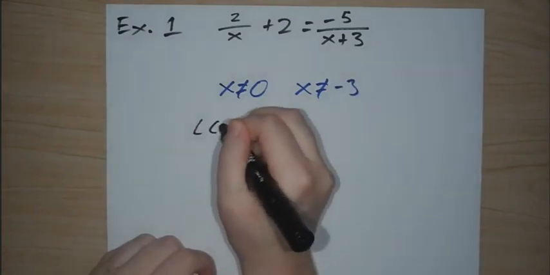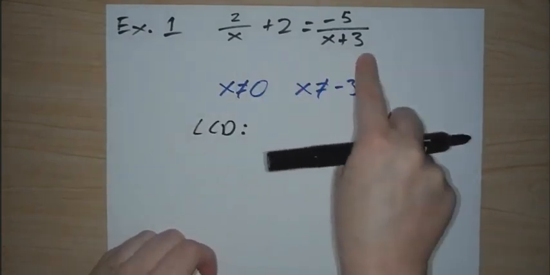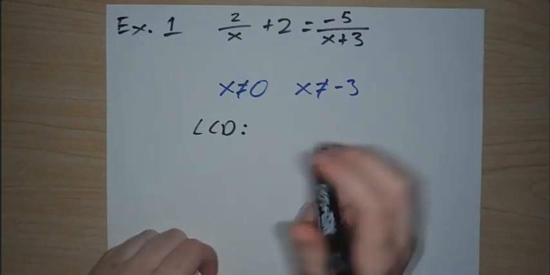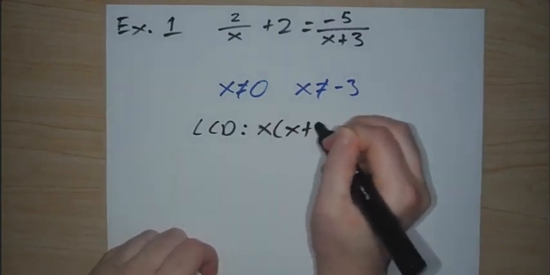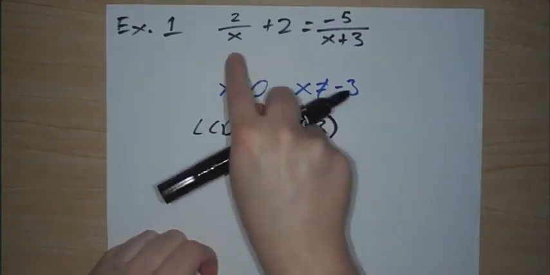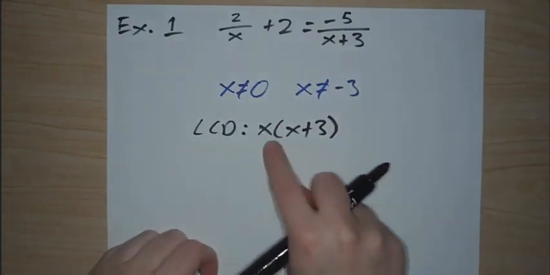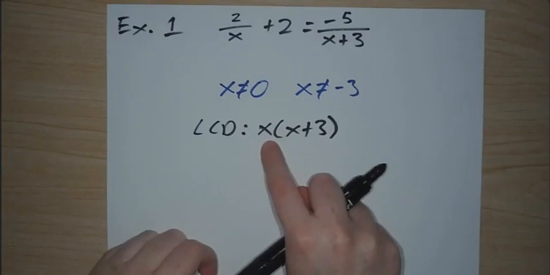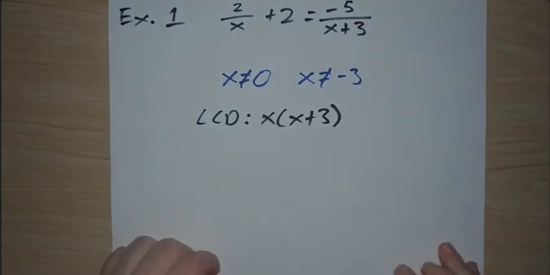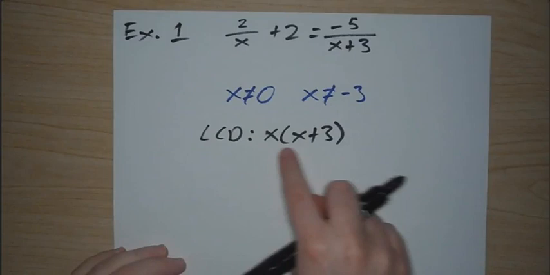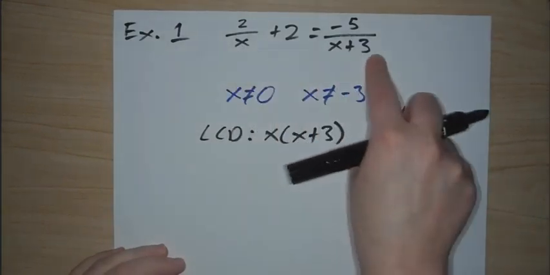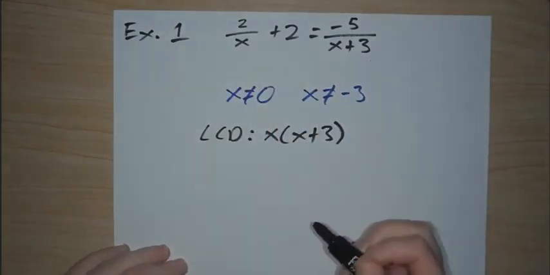So the LCD for this entire equation will be x times x plus 3, because x and x plus 3 are the only denominators and they have no factors in common. So the LCD will just be those two multiplied together. And we are going to multiply this LCD to the entire equation itself on both sides.